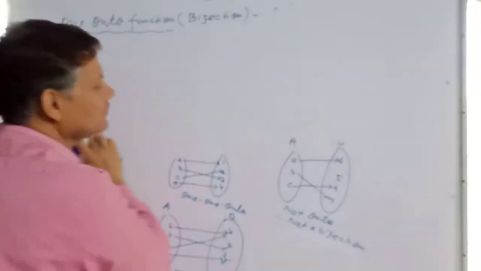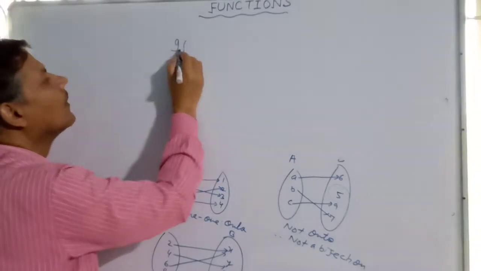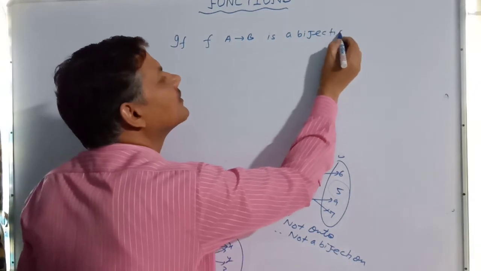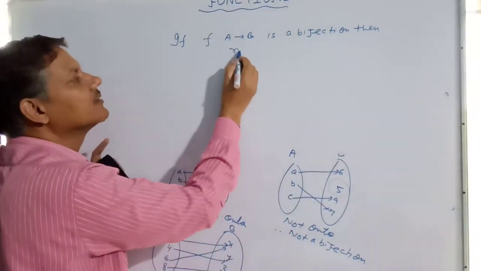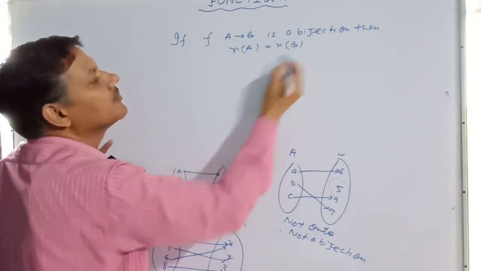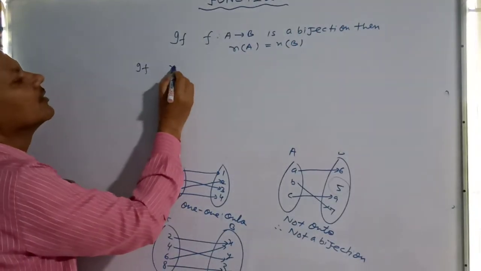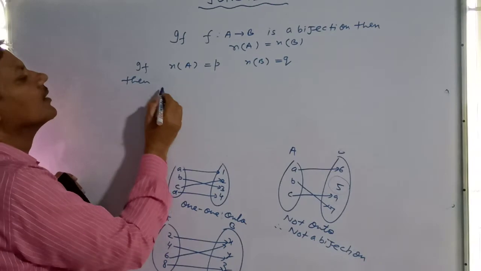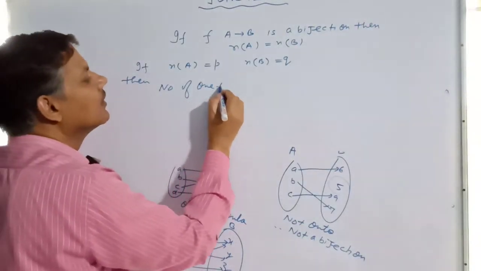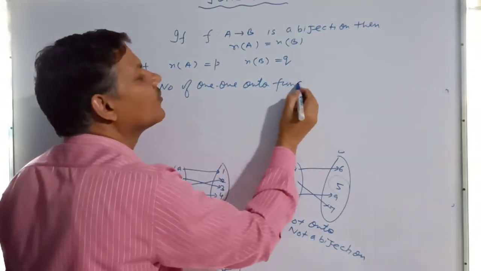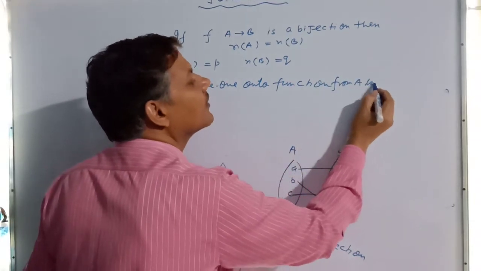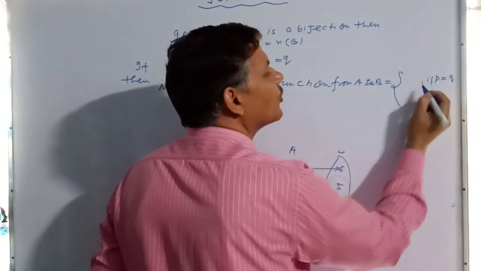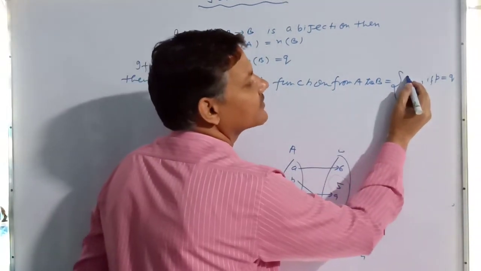If any function f from set A to set B is a bijection, then it is required that the number of elements in A must be equal to the number of elements in B. If the number of elements in A is P and in B is Q, then the number of one-one and onto functions from A to B, if P equals Q, is P factorial.